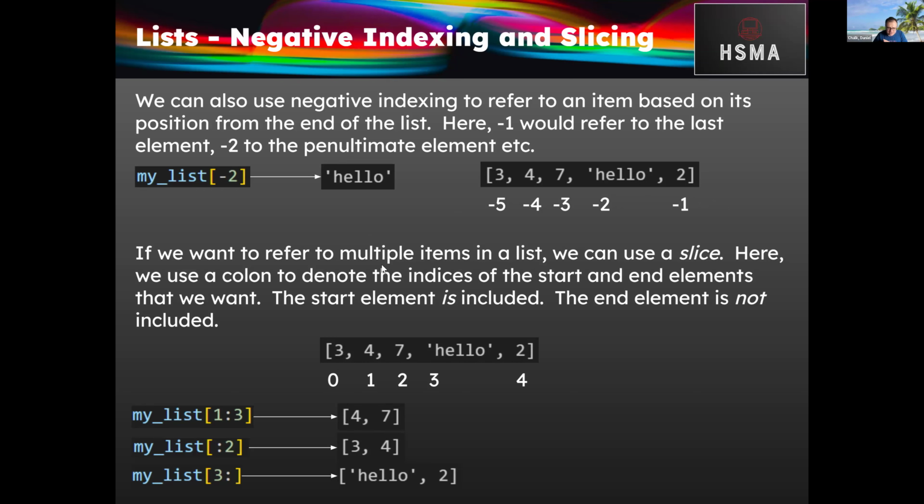If you want to, and this is a bit more useful, and you use this a lot more, you can actually refer to more than one element in a list at a time. And to do that, we use something called a slice. It's known as slice notation in Python, and this is what it means. We basically use a colon, and we can specify a range of indices, and it will grab that as a slice.